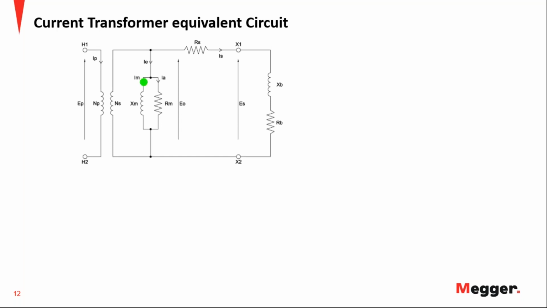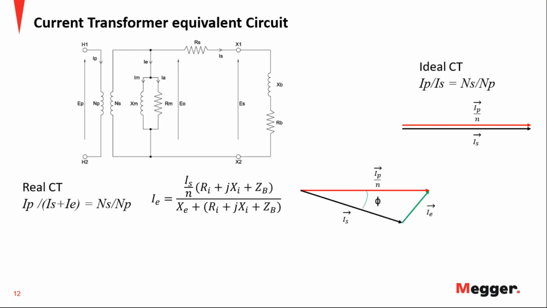We have our primary side and then the secondary side with the excitation branch, and this is representing the secondary winding resistance. We have our terminals, and this is the external burden that is connected to this transformer. This is the load that this instrument transformer is feeding.